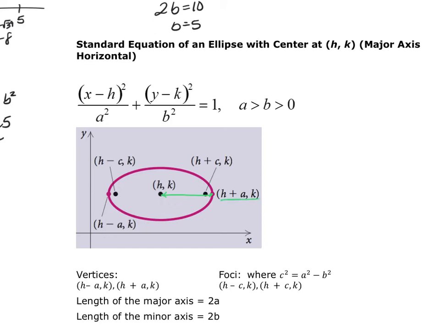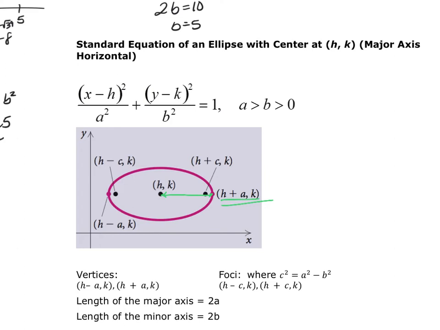So to find where my majors are, I need to add and subtract the A from the H part of the center. My center before was 0, 0, so I didn't have to worry about doing plus and minus A because it was at 0, 0. Now I'm not at 0, 0, so I have to do the plus and minus from the x part of the center.